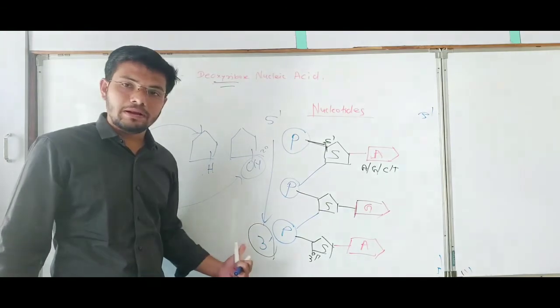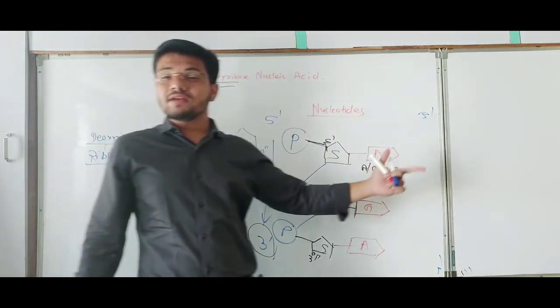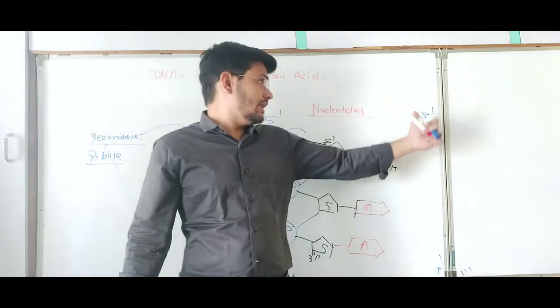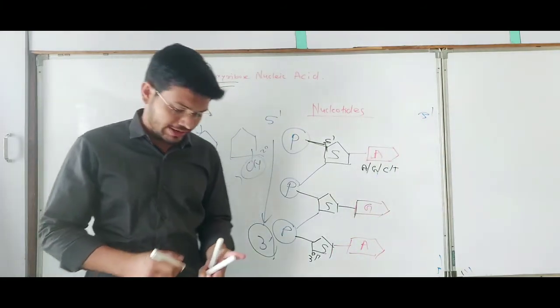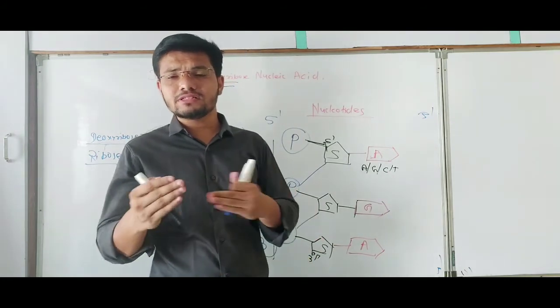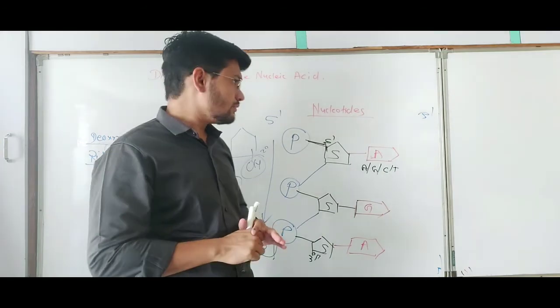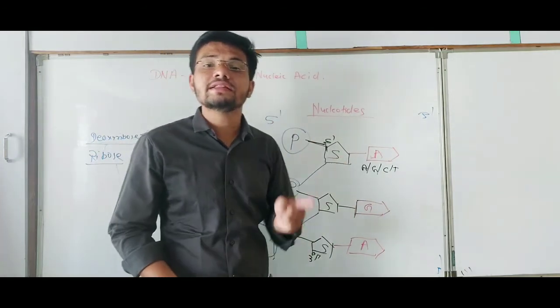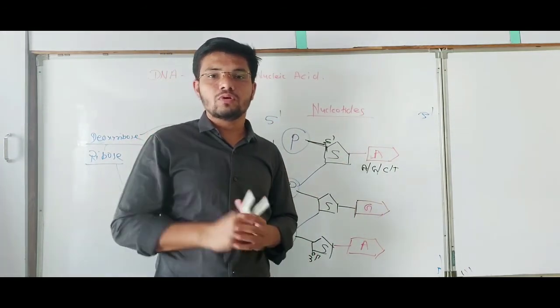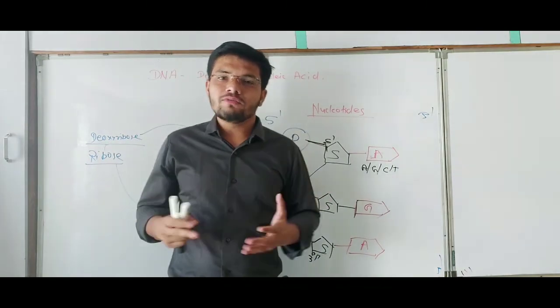So this strand is running from 5' to 3' end, and the other strand will run from 3' to 5'. That's why we call it the anti-parallel strand. Anti-parallel means both the strands are running in opposite directions. So this is the basic overview of the DNA structure.